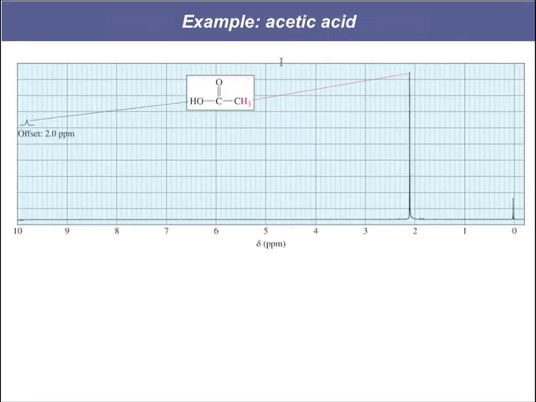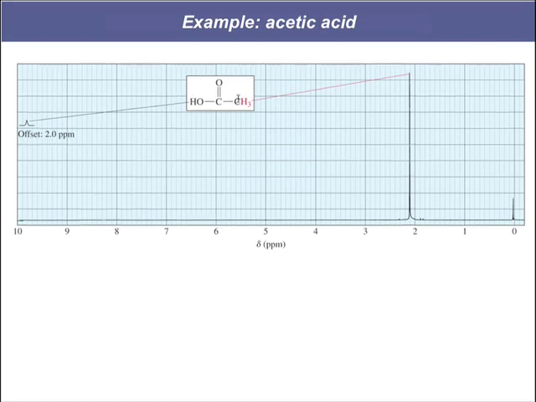Here's acetic acid, another molecule with 2 types of hydrogens. We've got hydrogens on the carbon that's adjacent to the carbonyl, and then we've got the hydrogen on the oxygen that's adjacent to the carbonyl. So 2 different types of hydrogens, very clearly in different chemical environments. Based on our table, the shifts should make sense.